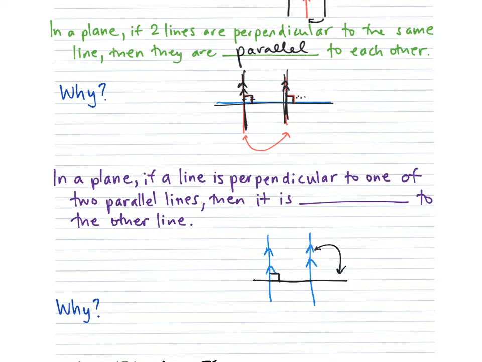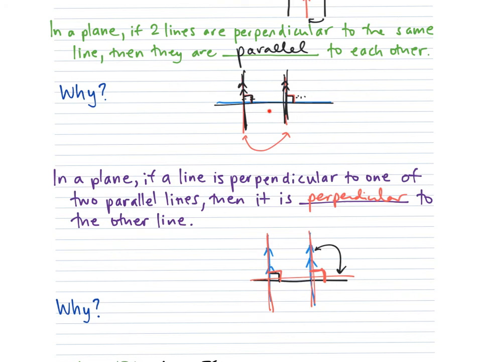Well, using the corresponding angles theorem, if we have two lines cut by a transversal, and these two lines are parallel, then corresponding angles have to be congruent. So since this one is 90, this is also 90. So it's actually perpendicular to the other line.